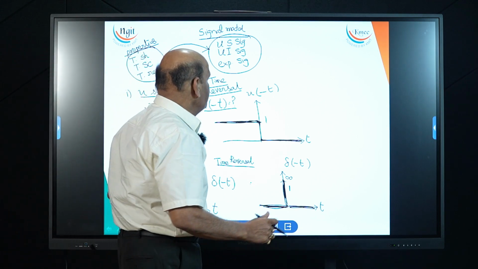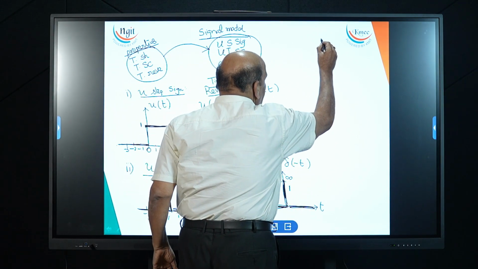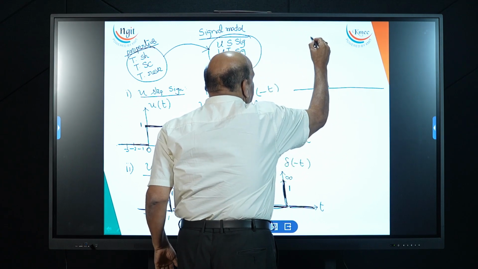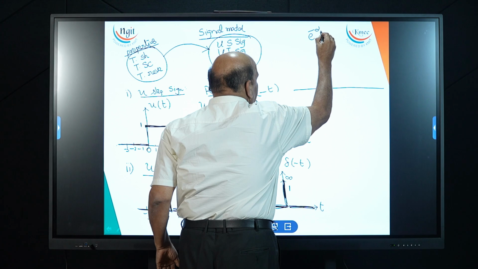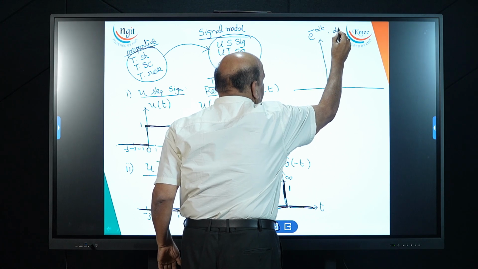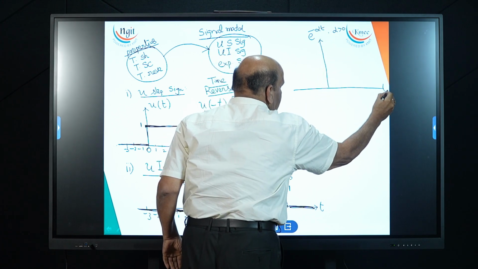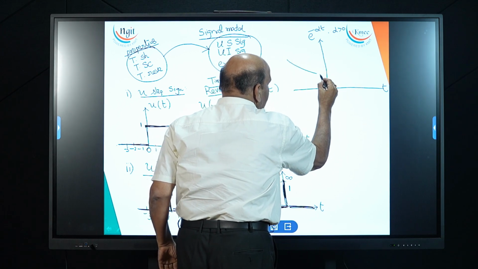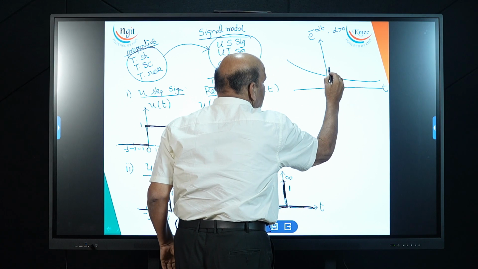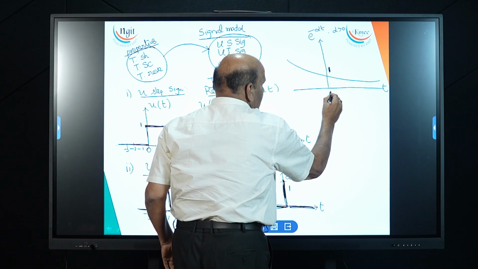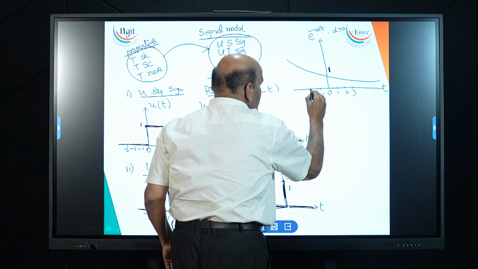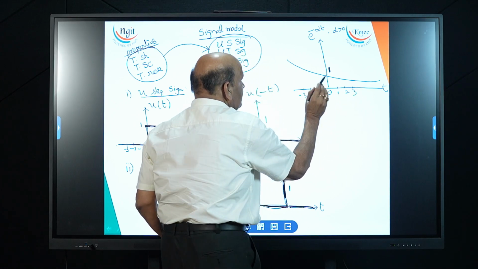Now regarding the exponential signal, for example, take e power minus alpha t, which means alpha is greater than 0. Then it is t, and the graph comes like this. This is 1. The axis values are 1, 2, 3 and minus 1, minus 2, minus 3.